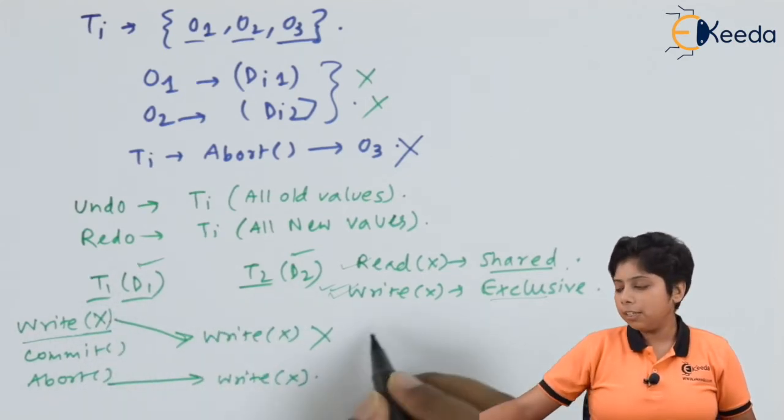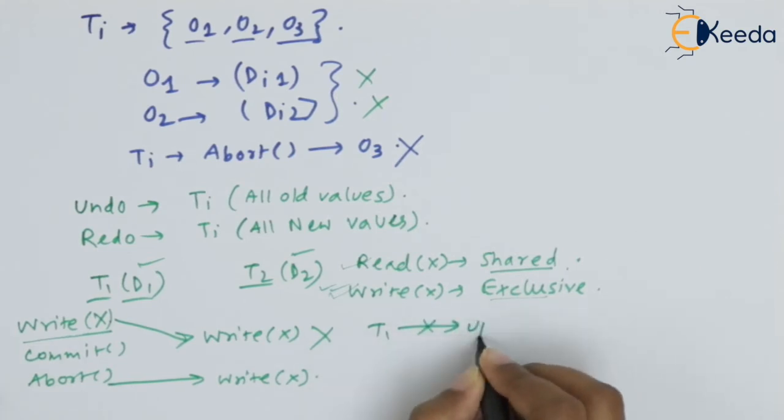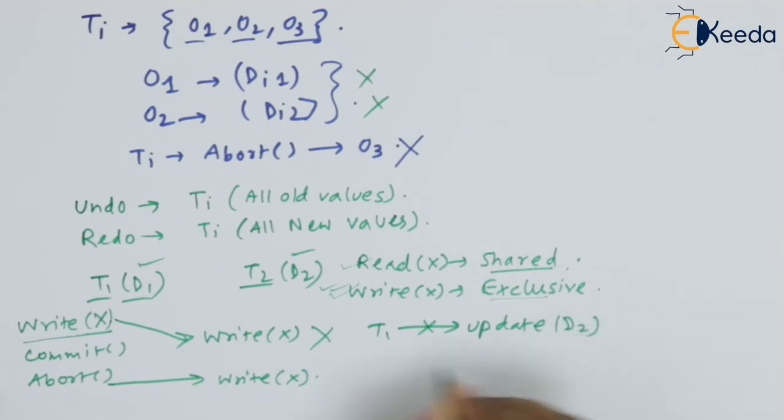T1 cannot see the update on D2, and T2 cannot see the update on D1.